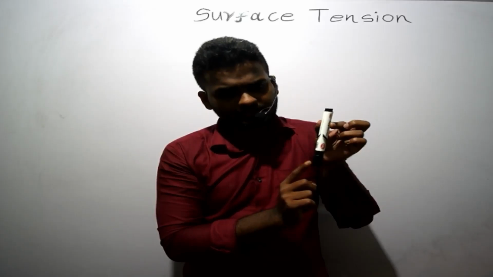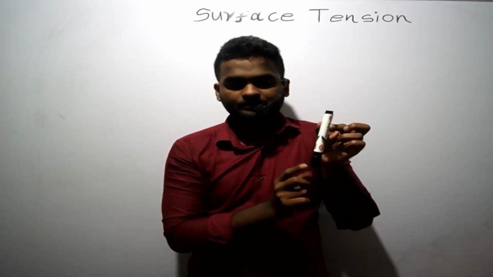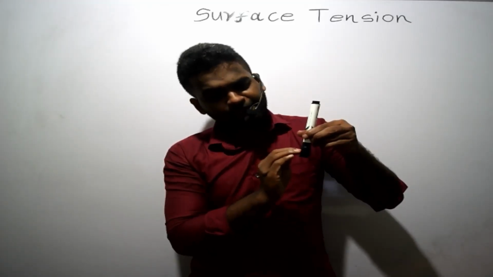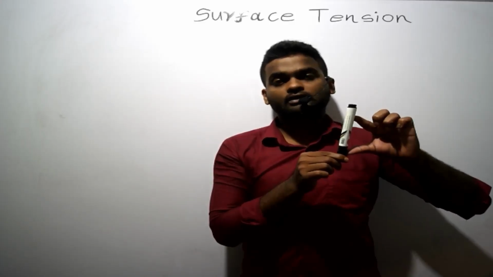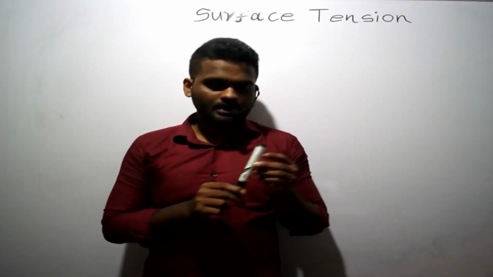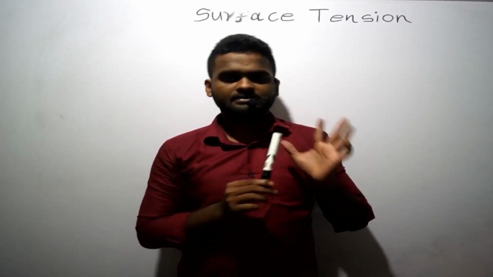What happens to the bottom meniscus? There's a water column above it. So the shape of the meniscus changes depending on the height of the water column above the bottom. The bottom meniscus changes shape, the top meniscus does not change.